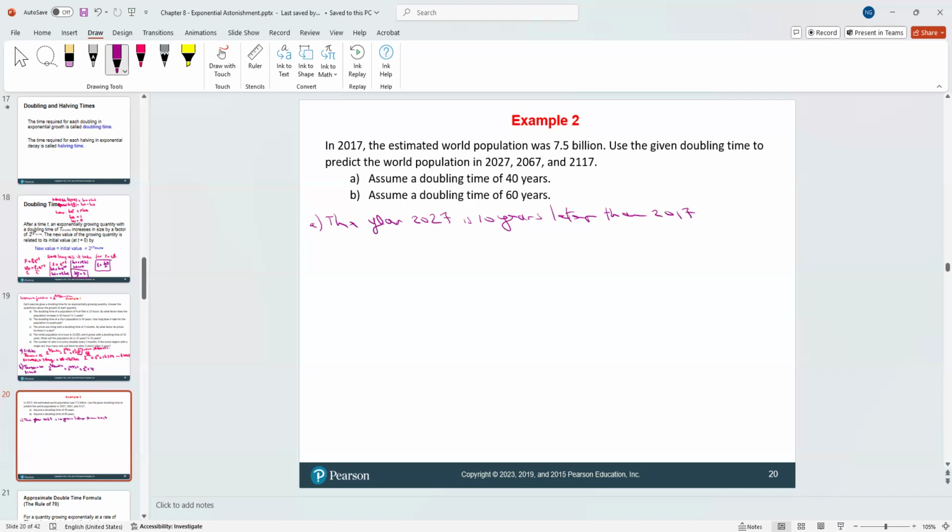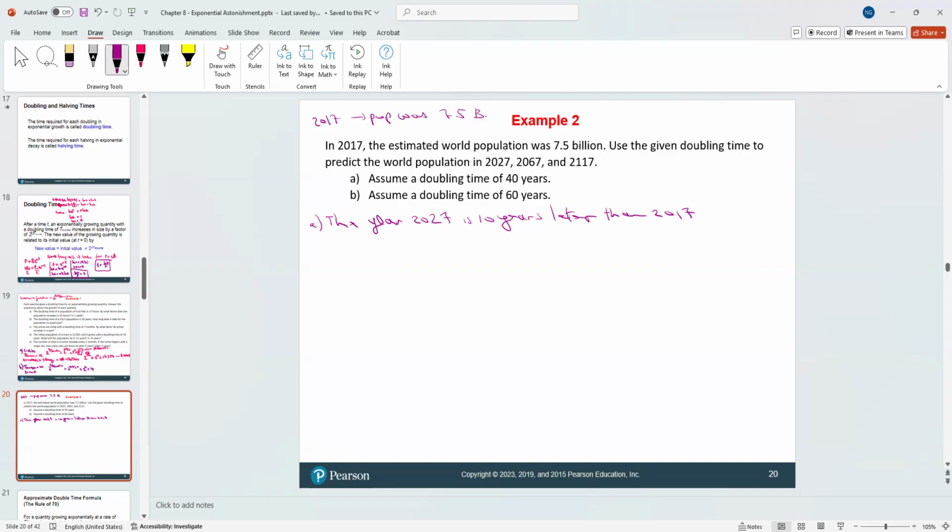So if you agree with that, I'm fine with that. So the population would be, remember, in 2017 the population was 7.5 billion, right? So now they said to predict it.